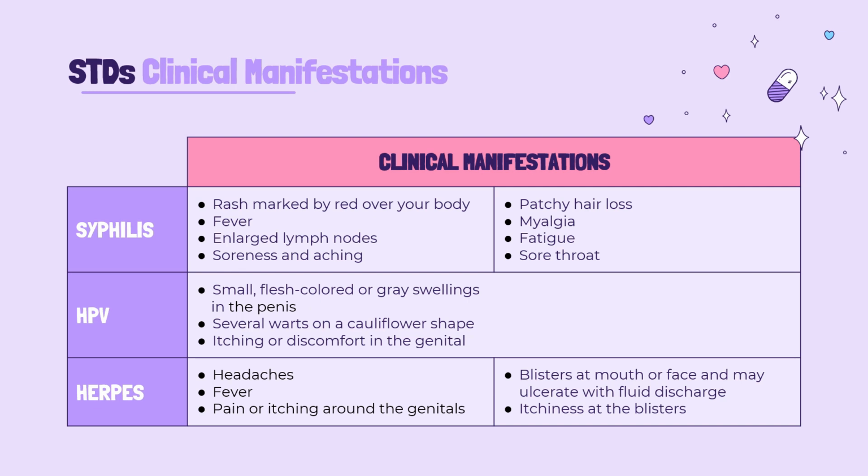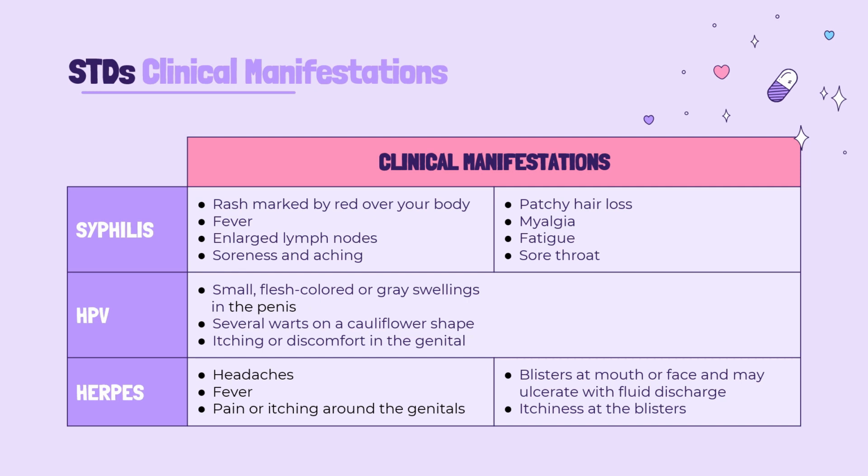Patients with human papillomavirus infections usually come with small flesh-colored or gray swellings around their genitals. They may also present in the form of warts with a cauliflower shape, with itchiness and discomfort in their genitals.